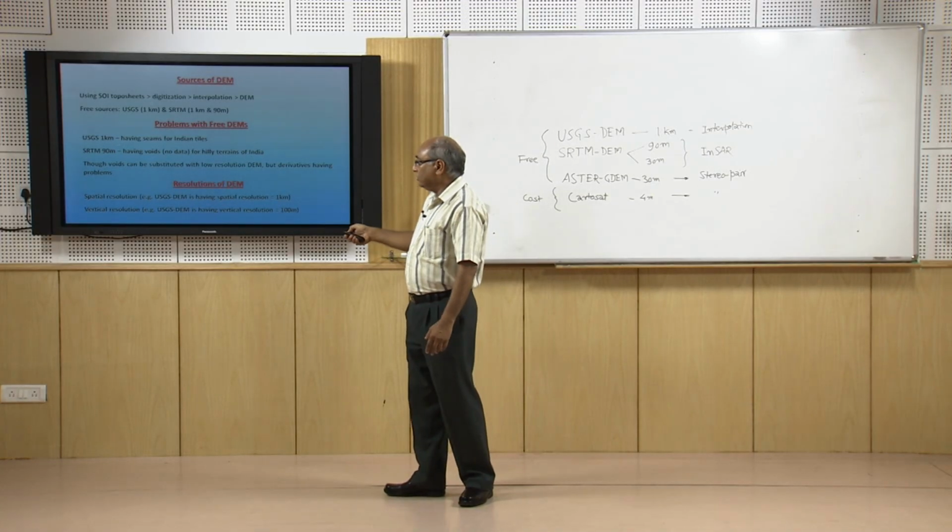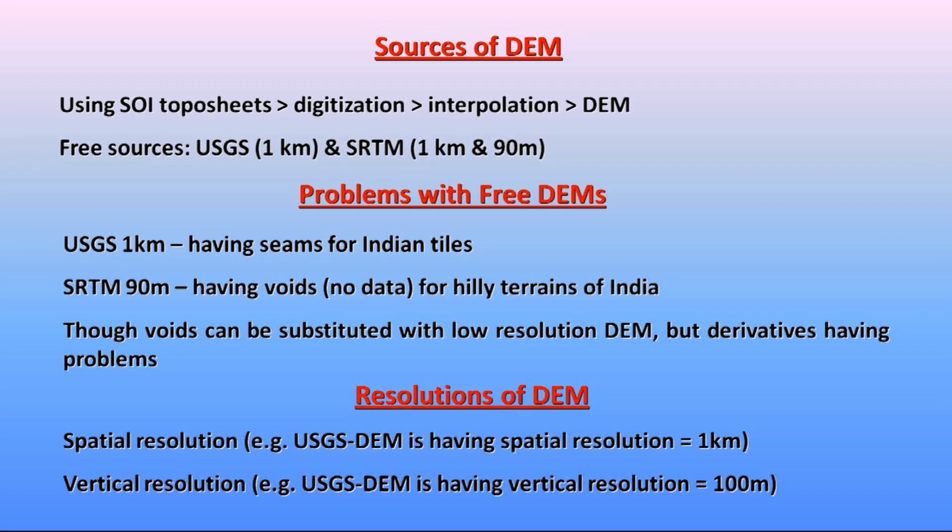Little later we will see how voids can be removed, but anyway for hilly terrains of India the voids were there even at 90 meter resolution, 1 kilometer resolution and those other resolutions as well.